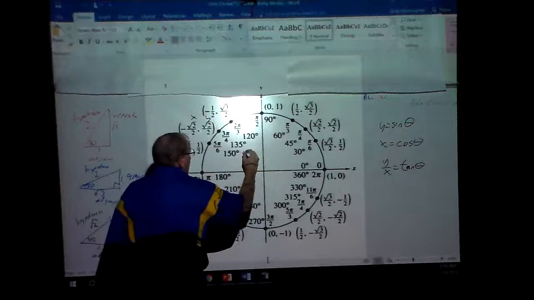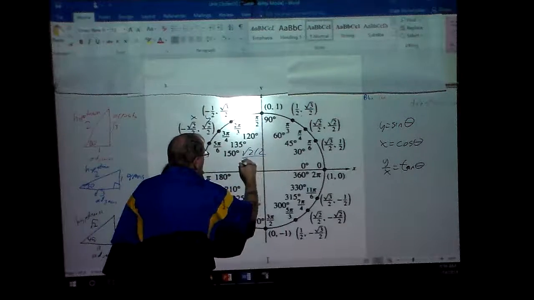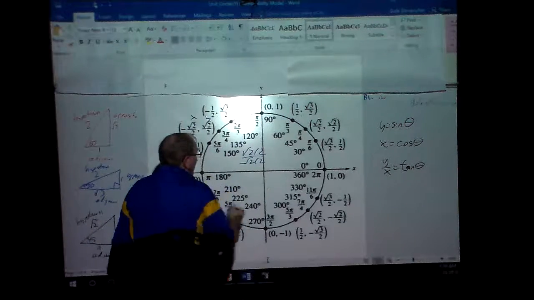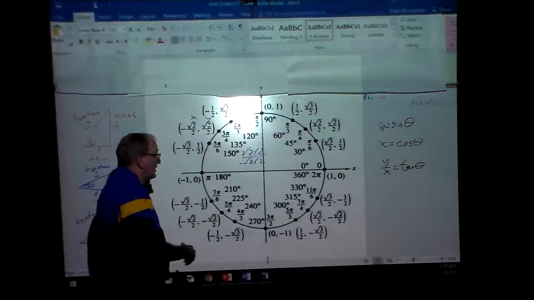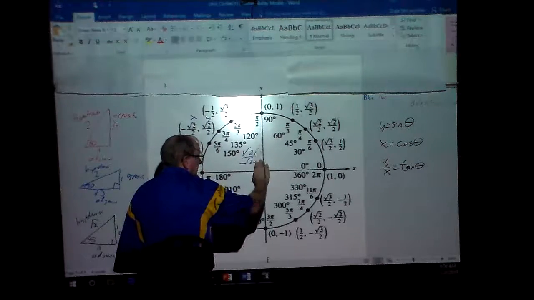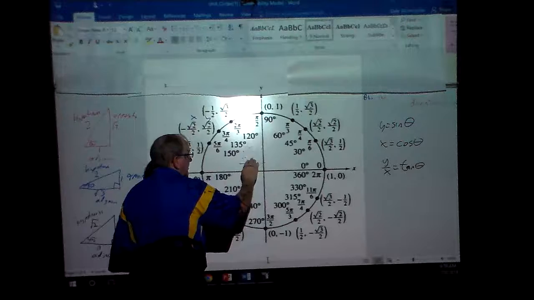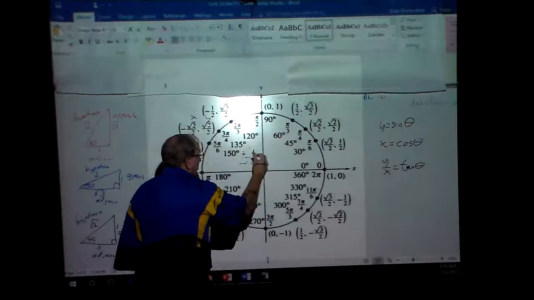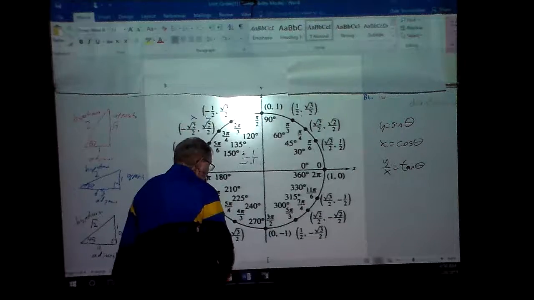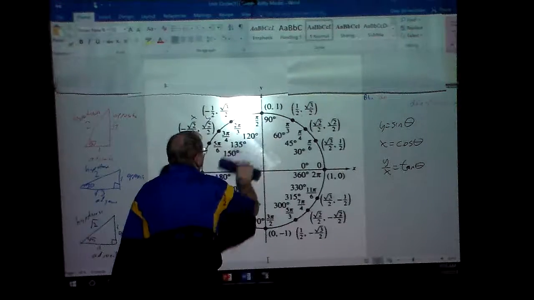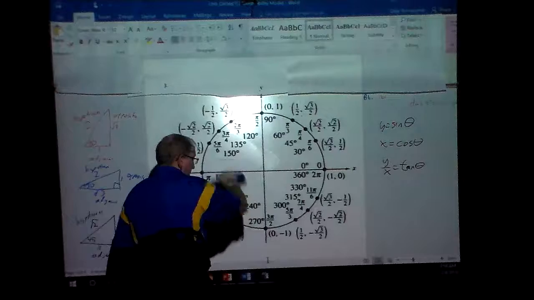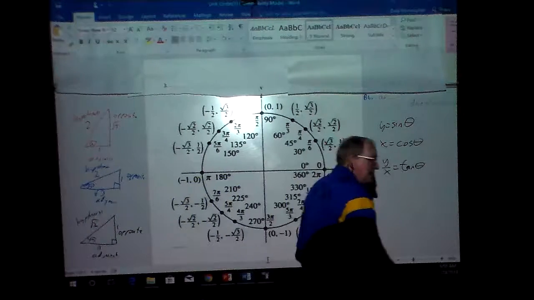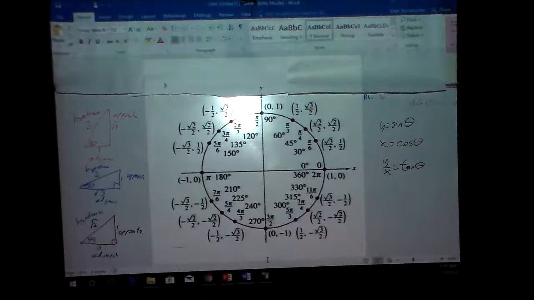I'm going to take square root of 2 over 2 divided by negative square root of 2 over 2. I like to write them like that because it's very easy to see. One thing that's different is I had a positive and a negative, which means it technically is just 1 over 1, which means my answer will be negative 1. So the answer for this particular one will be negative 1.